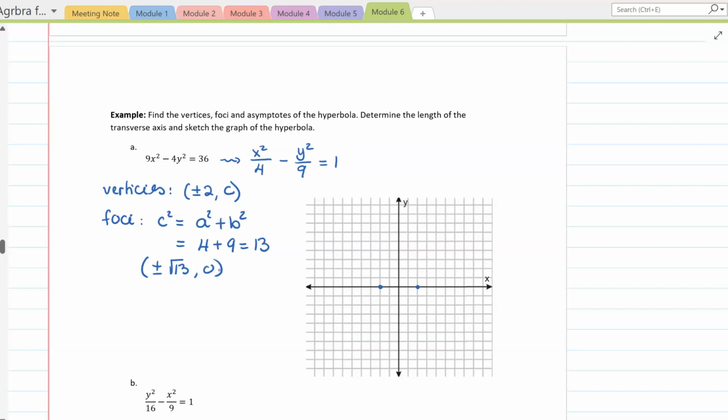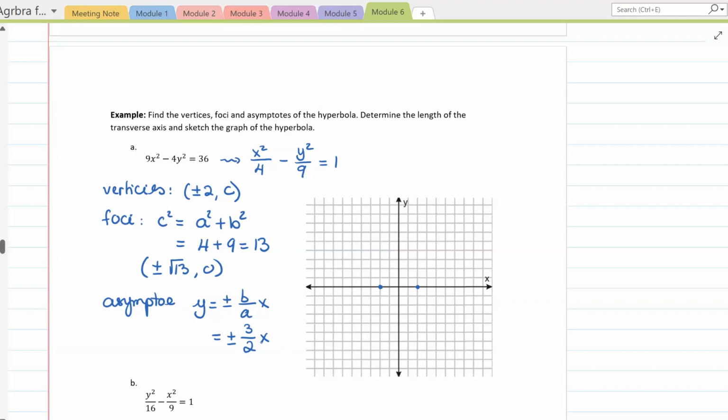These are the points that are inside the hyperbola. Okay, and the asymptotes: y equals plus or minus b divided by a times x, so that equals plus or minus 3 over 2 times x.